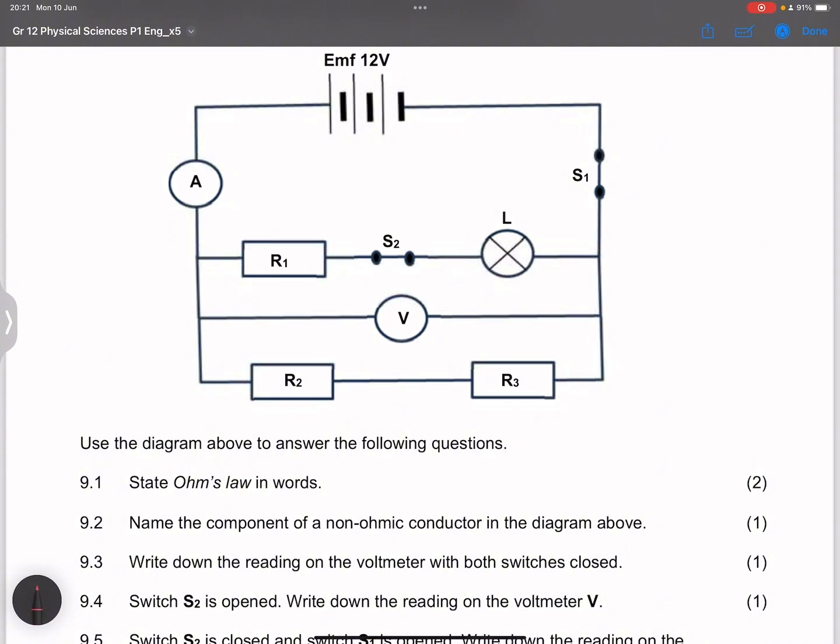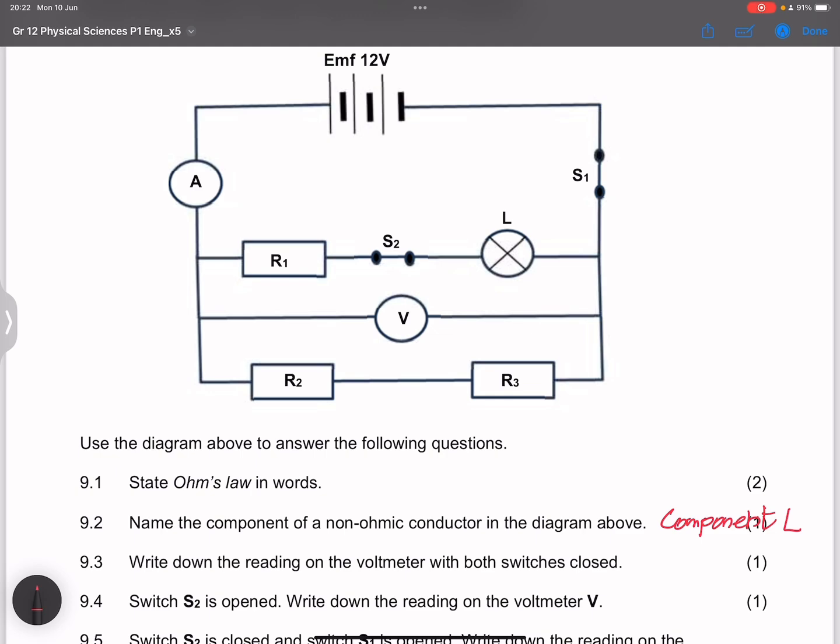Here we would have a light bulb, because the brighter it burns, it tends to generate heat, and as a result, it will deviate from Ohm's law. So we would say component L, which is our light bulb.